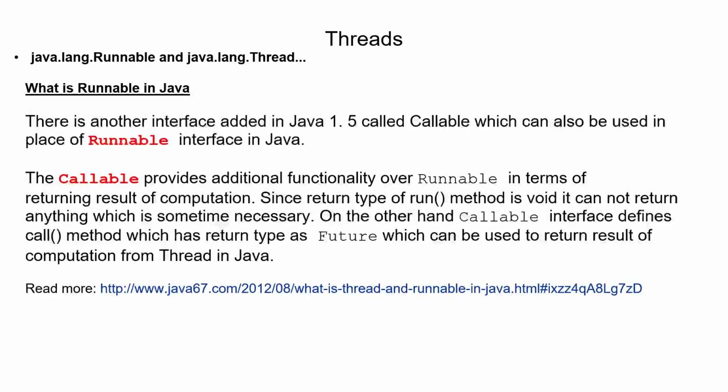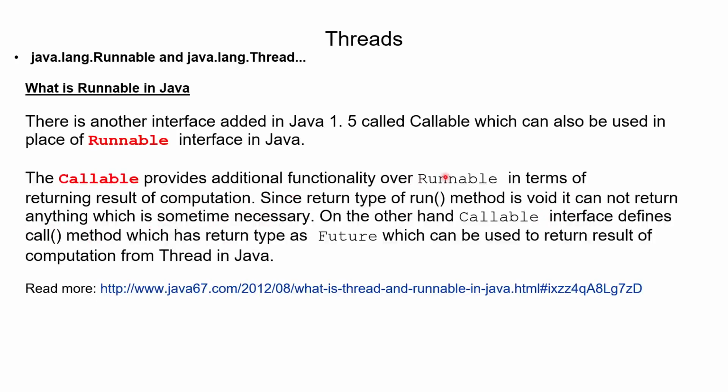Since Java 1.5, a new interface has been added. It's called callable, and it can be used in place of runnable in Java. The callable interface provides additional functionality over runnable in terms of returning the result of computation. Since the return type of the run method is void, meaning it doesn't return anything, it cannot return any information, which is sometimes necessary.